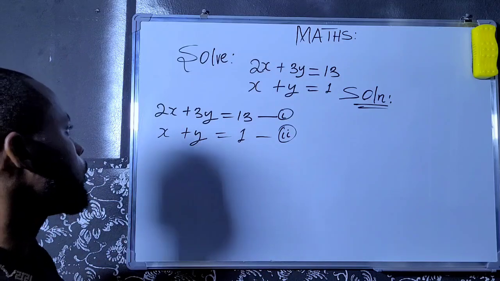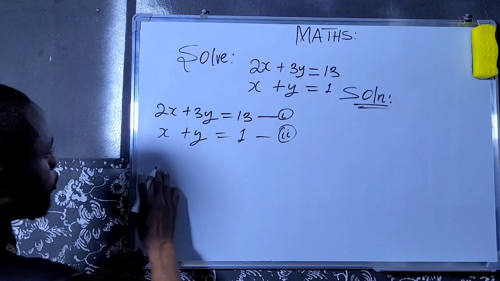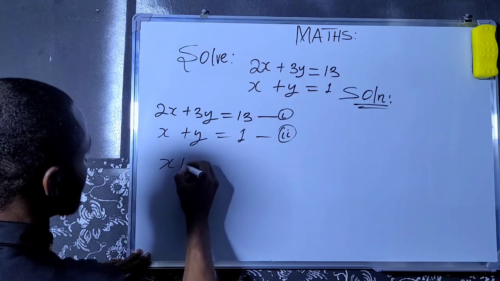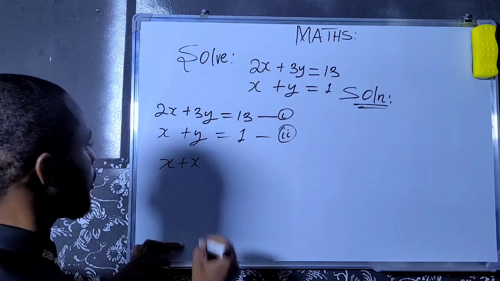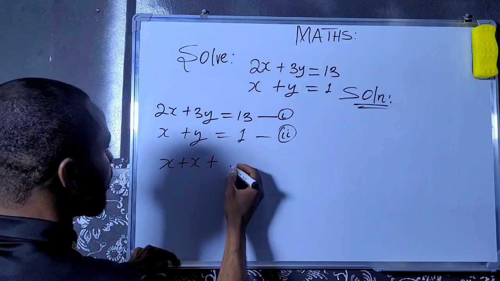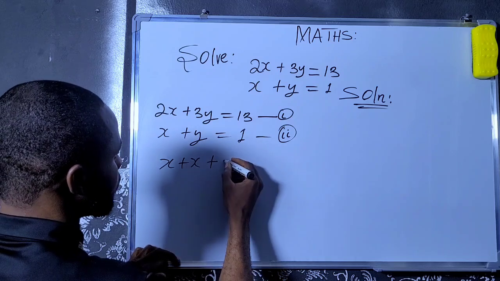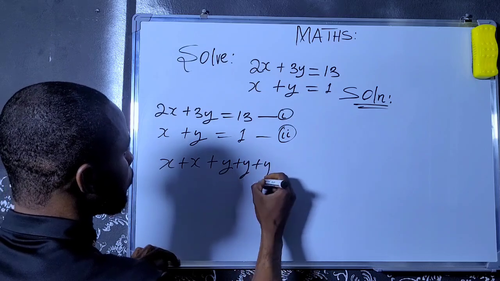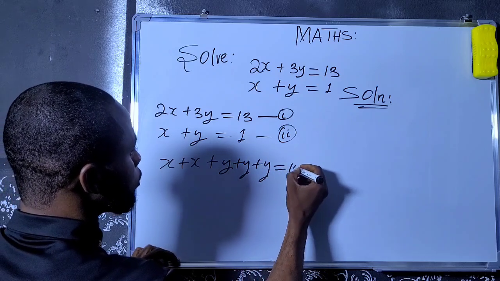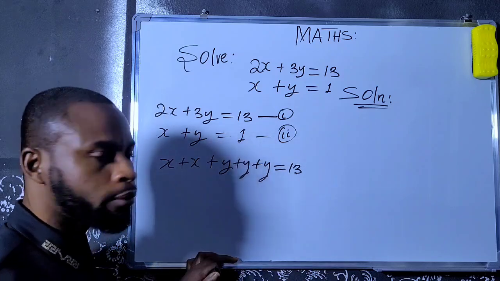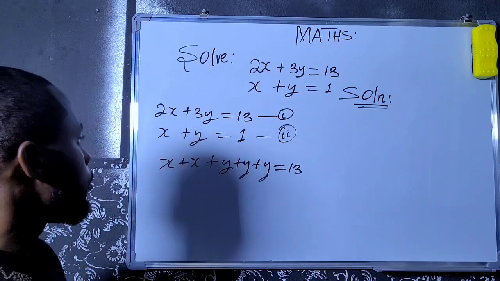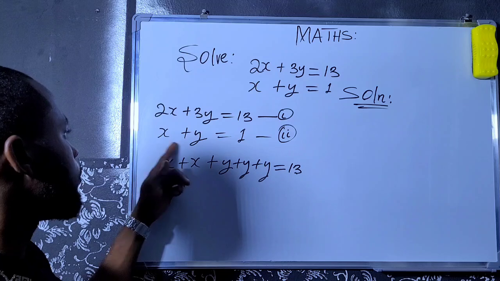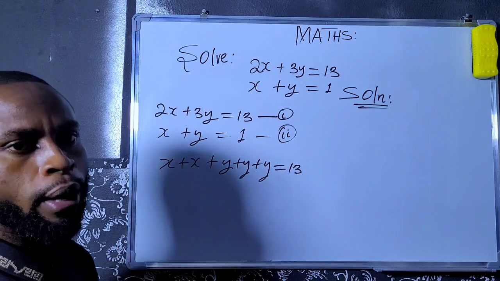From equation 1, 2x can also be expressed as x plus x, and 3y can also be expressed as y plus y plus y equals 13. Here, from equation 2, we have that x plus y equals 1.